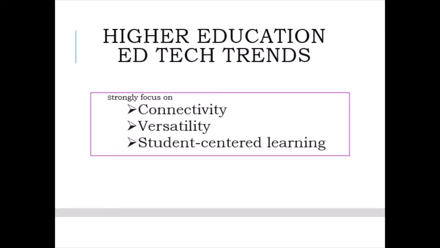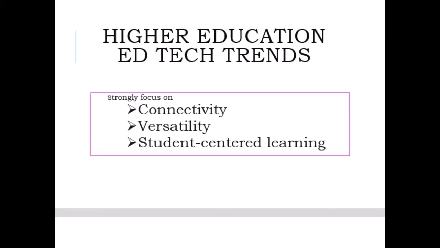Higher education technology trends strongly focus on different aspects of connectivity, versatility, and student-centeredness. Connectivity means a very simple way of connection between teacher and learners, and learners with each other. Different people from all around the world are connected to each other, and communication becomes much easier.